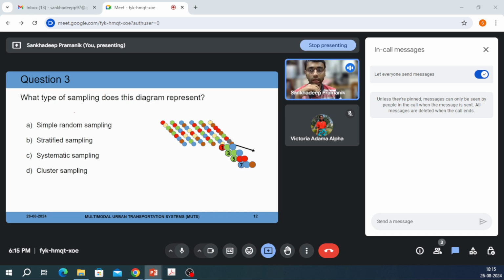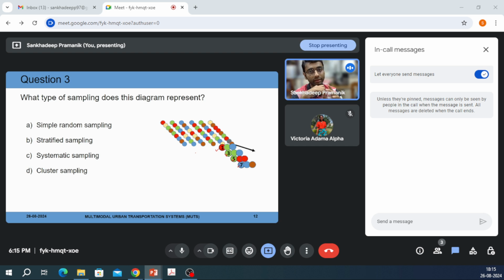Next is, what type of sampling does this diagram represent? Simple random sampling, stratified sampling, systematic sampling, or clustered sampling? So here it is showing 1, 3, 5, 7.